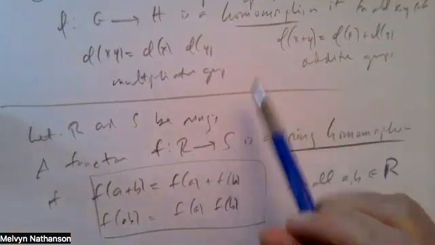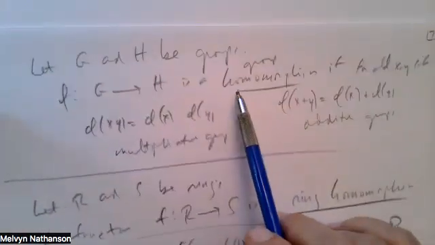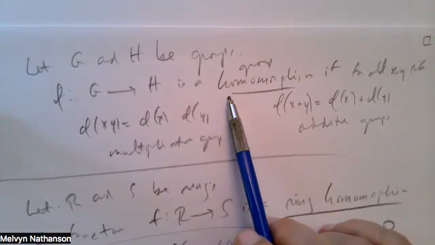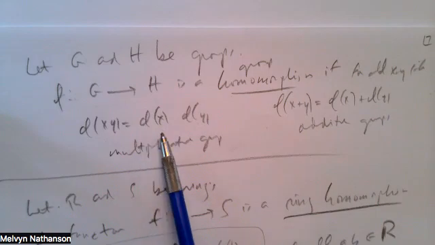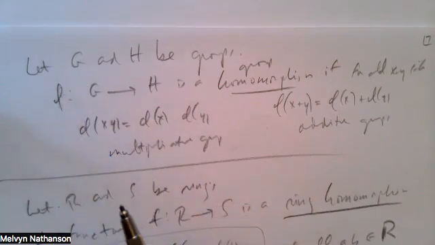Now, remember when we had a group homomorphism, it turned out to be very valuable to look at the kernel of the homomorphism, and that was always a normal subgroup of your group G. So let's look at the kernel of a ring homomorphism.